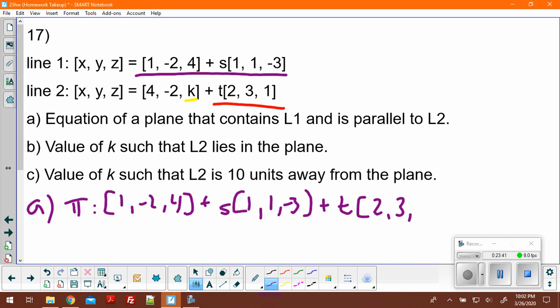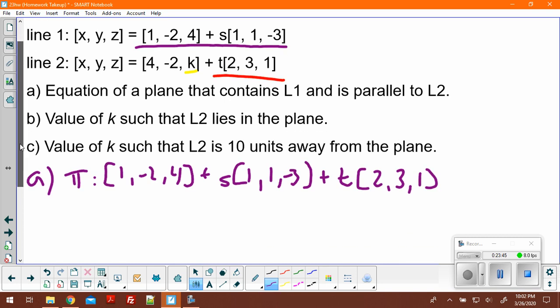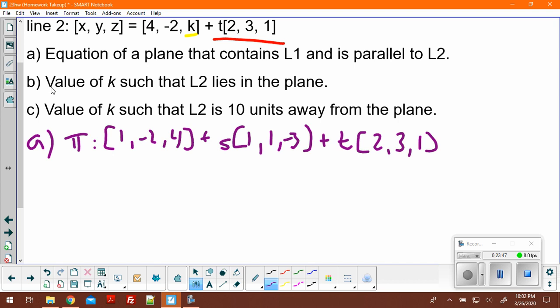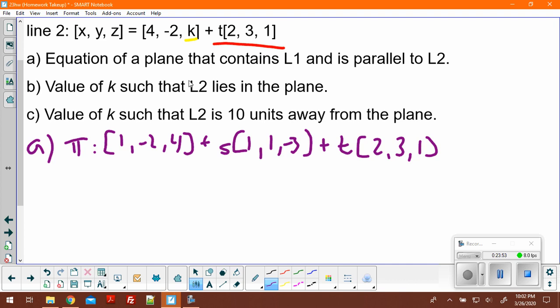So those are my 2 directions. Part B says the value of k such that line 2 lies in the plane. Well, again, that's kind of talking about intersection. So to make my life easier, I'm going to need to change this over to the scalar form before I start working on B. All right, so let's go through those steps.